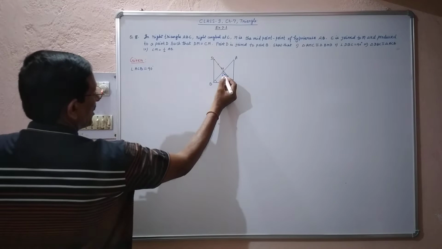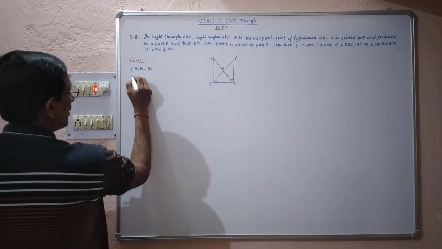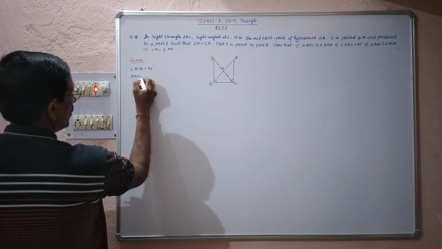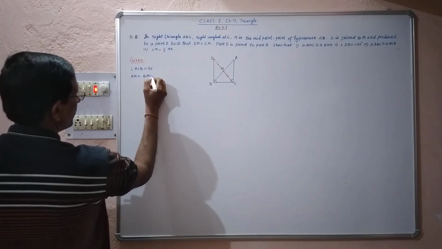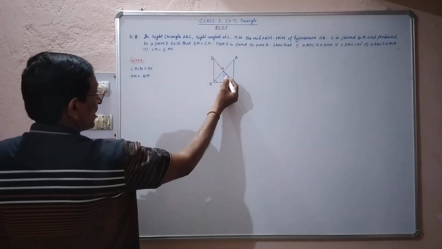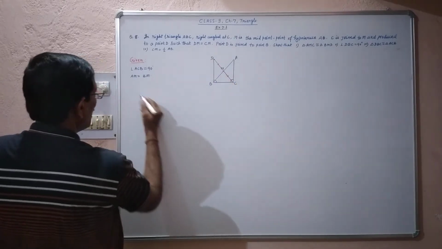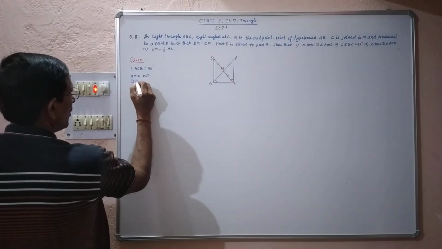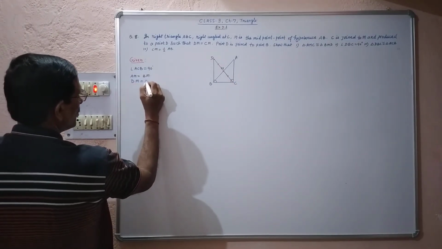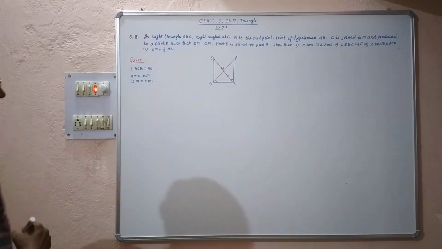Next, since M is the midpoint of AB, it means AM is equal to BM. By construction, CM is extended to D such that DM is equal to CM. These three things are given.